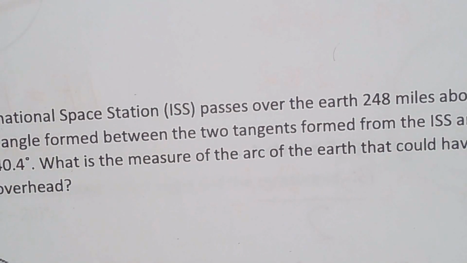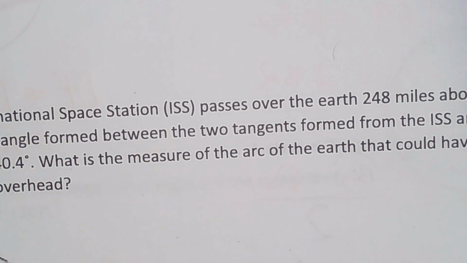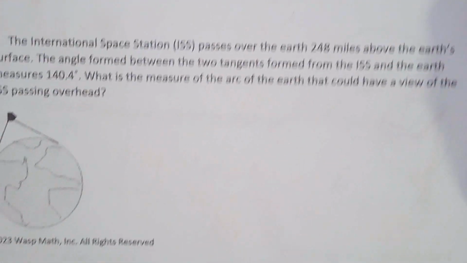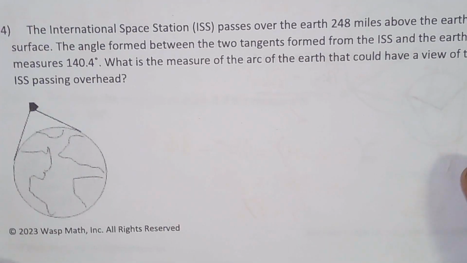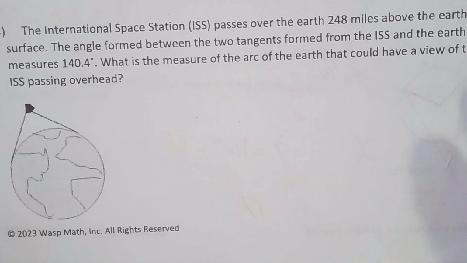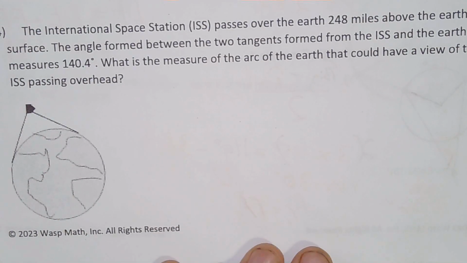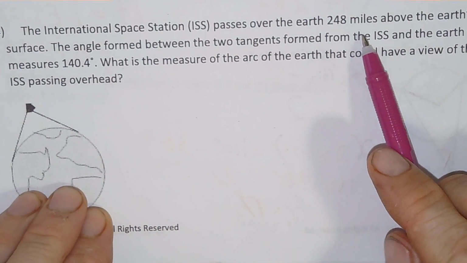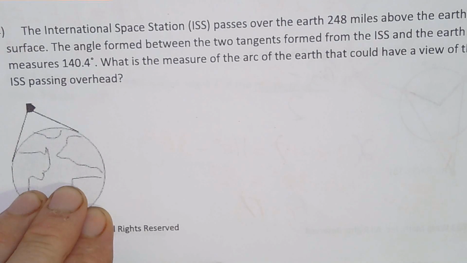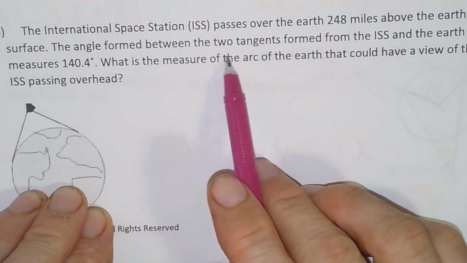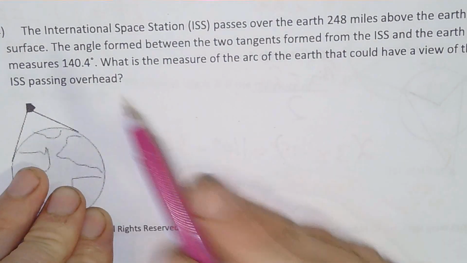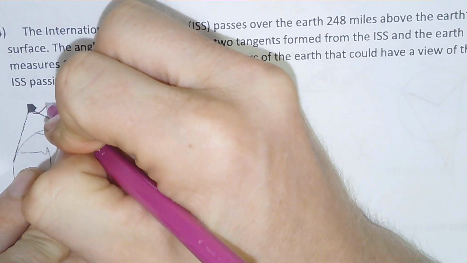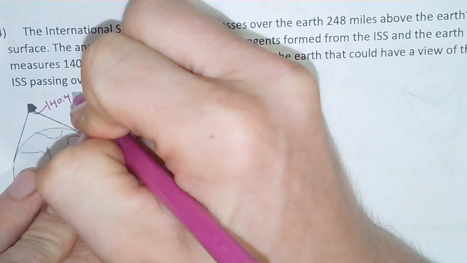Okay, moving on to this one here. I have to zoom out a little on camera to read the whole thing. Okay, we've got the International Space Station with the drawing, 248 miles above the Earth's surface, and the angle formed by the two tangents is 140.4 degrees.